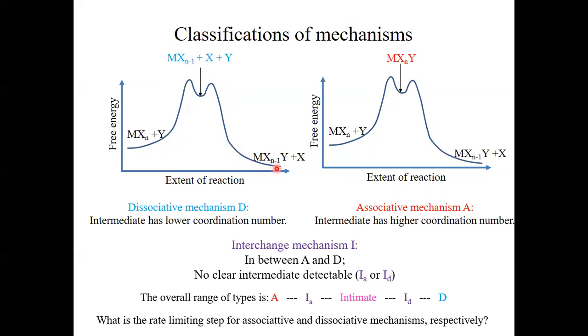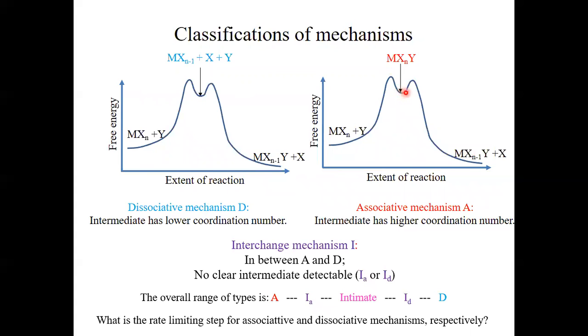Whereas for the associative mechanism, the opposite is the case. We first have to go strongly uphill when we want to add a ligand, here to form our intermediate with higher activation energy.